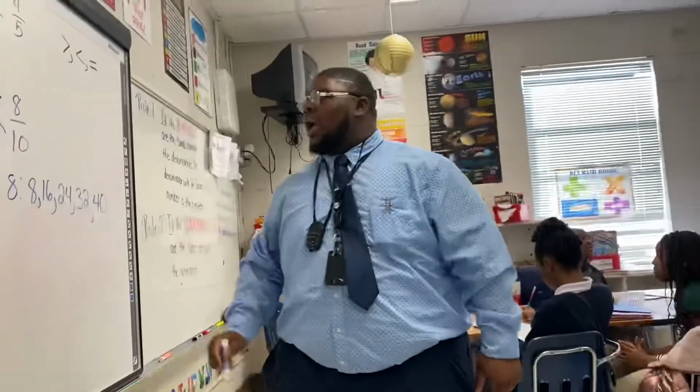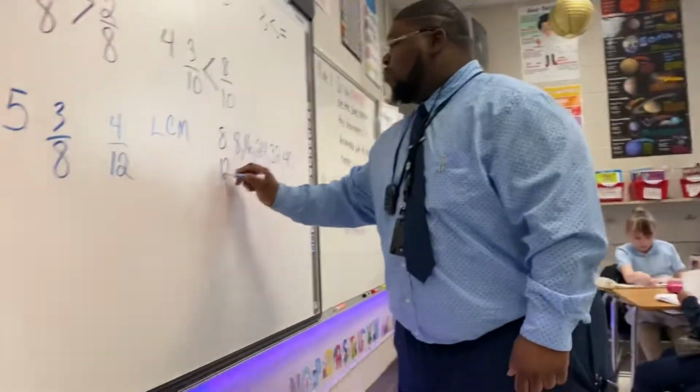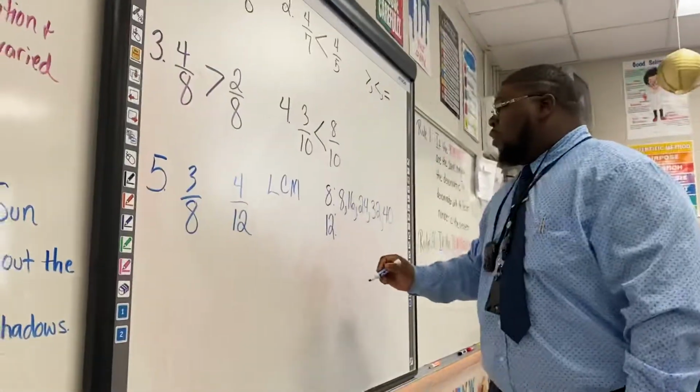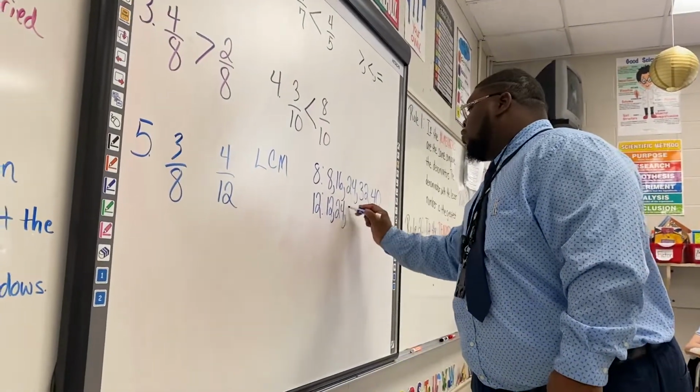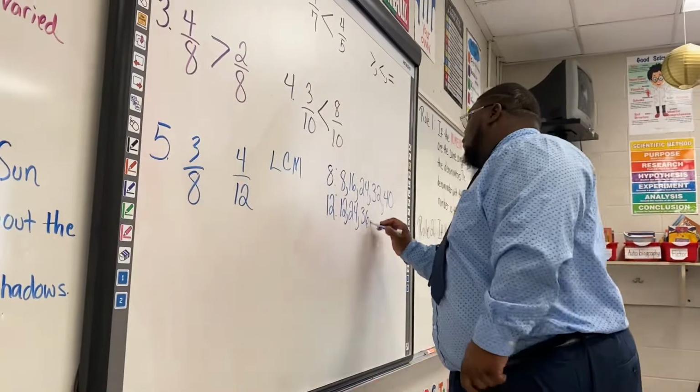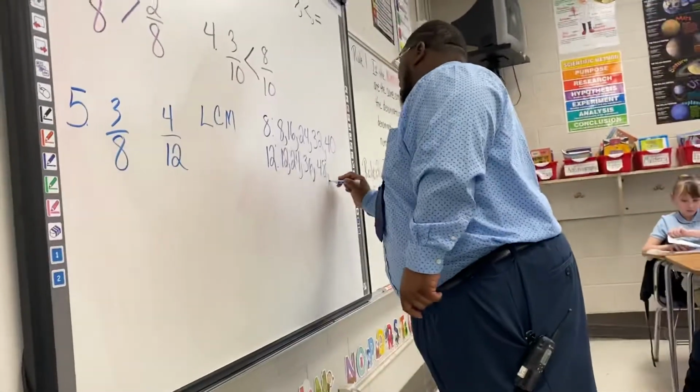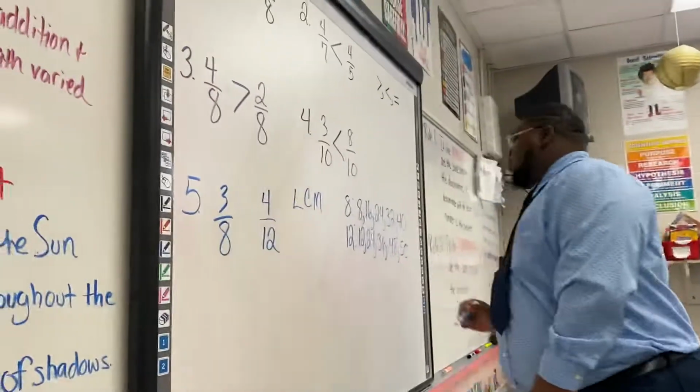Okay? Our first 5 multiples of 12 are 12, 24, 36, 48, and 60. Okay?